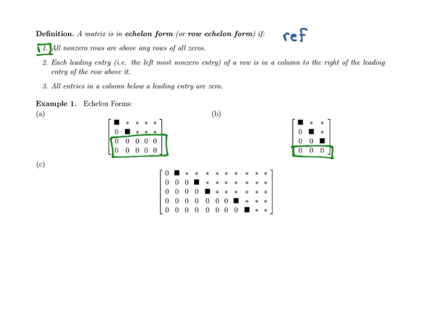We also need that each leading entry, the leftmost non-zero entry of a row, is in a column to the right of the leading entry of the row above it. So the leading entries of these rows, these are the black boxes here. These are the leading entries.